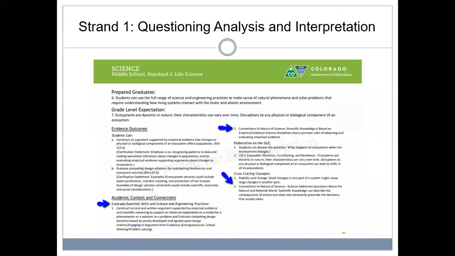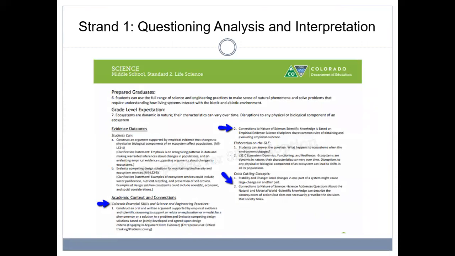If you're familiar with the Colorado academic standards, you'll see those skills in a couple of different places. This standard, which is from middle school life science, is the new draft. So these haven't even been officially approved yet, and the format is changing a little bit.